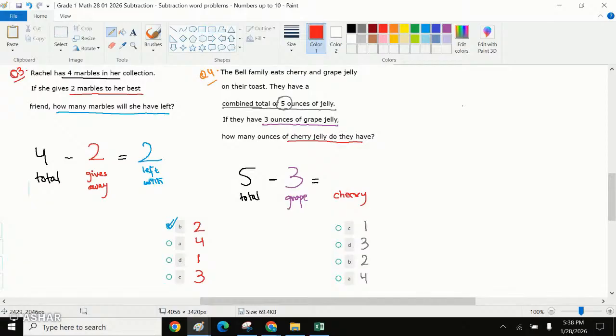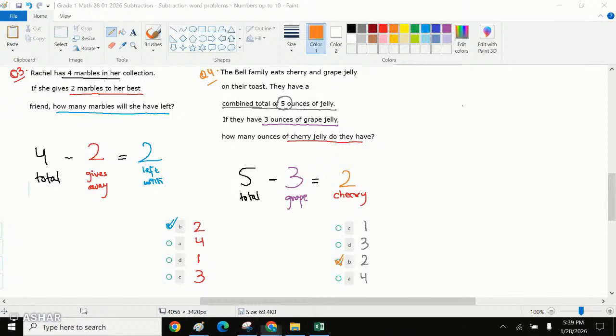So how many ounces of cherry are there? 5 minus 3. Yes, 5 minus 3 would be 2. Thank you. That means they would be left with 2 ounces of cherry, right? And we look at which of the options is 2. That means option number B is 2. So we simply click on option number B.